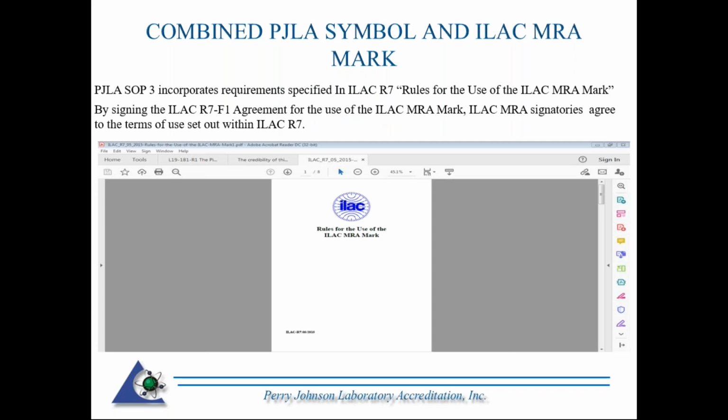So again, like I mentioned, we incorporate with the use of the ILAC mark, R7, the rules for the use of the ILAC mark, by signing the ILAC R7 F1 agreement for the use of the ILAC mark. ILAC MRA signatories agree to the terms of use set out within our ILAC R7.